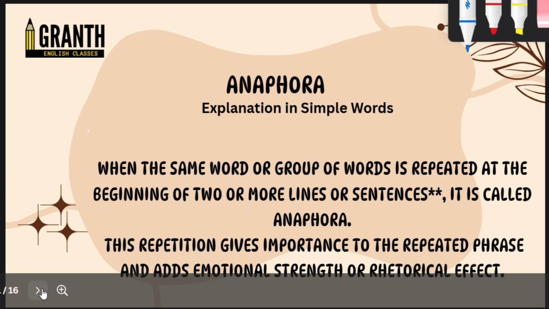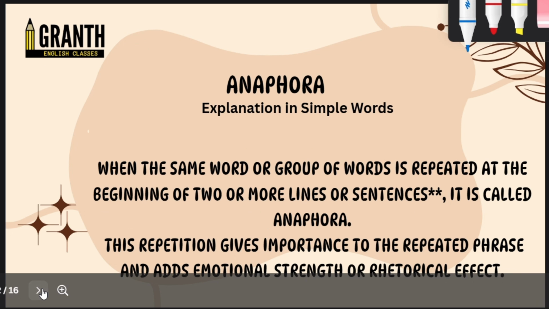When the same line or word is repeated at the beginning of two or more lines or sentences, it is just called anaphora. These repetitions give importance to the repeated phrase and add emotion, strength, or a rhetorical effect to the poetry.